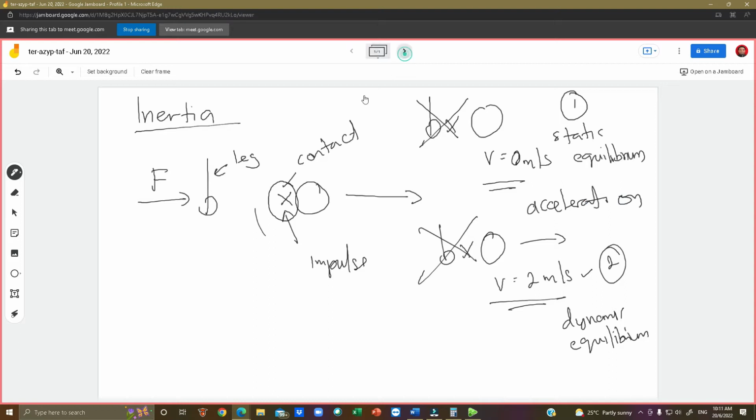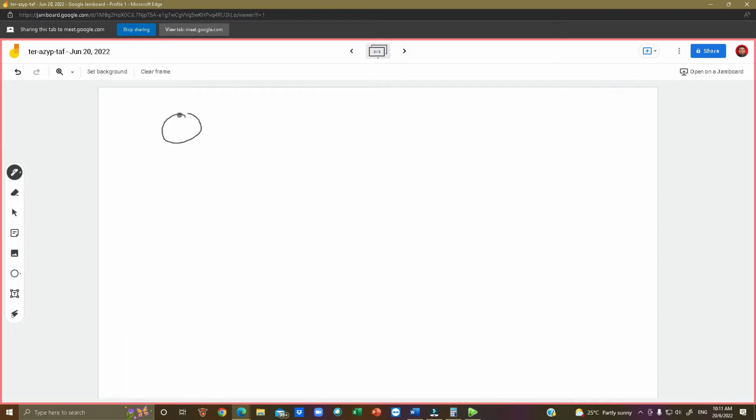Okay. Kita ada satu bola. Bola ini tidak bergerak. This is the first condition. We kick the ball. It causes the ball to move. So the second condition, setelah bola tu bergerak pada 5 meter sesaat. When you see a change of velocity, it means there is the presence of acceleration. How to prove that?